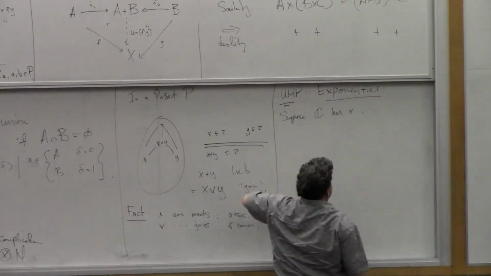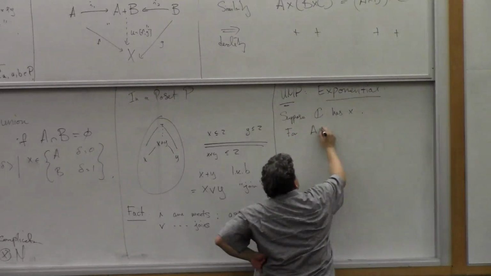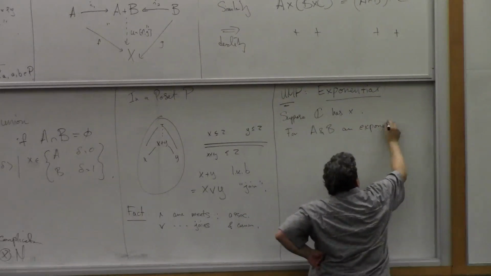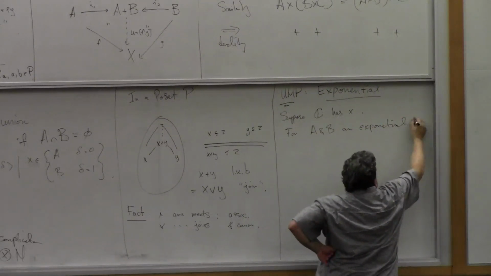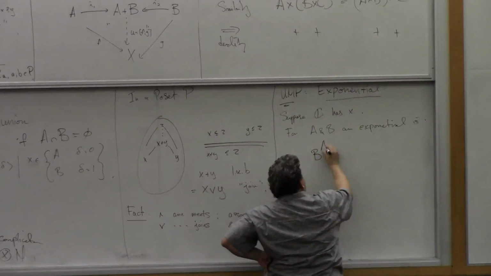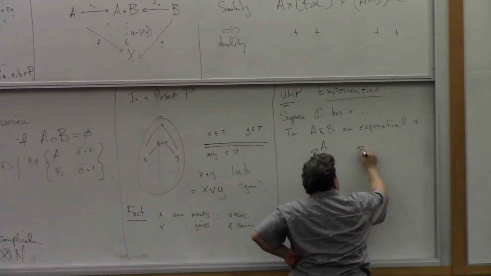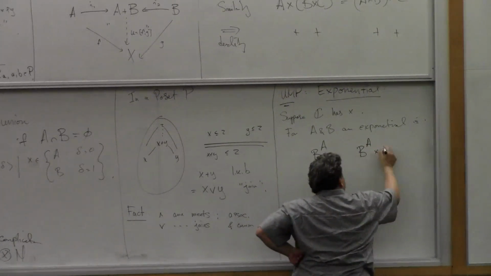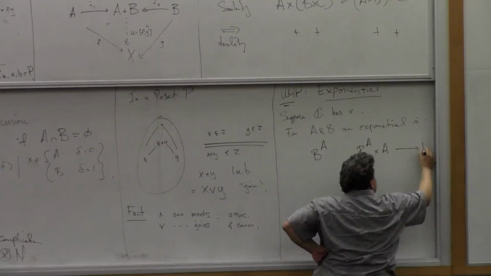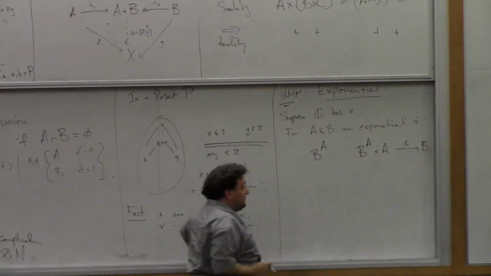Then I'll define the exponential like this. So for A and B, an exponential is a structure of the following shape. First of all, it's an object, which I'll write like that, B to the A, together with a map across A. That's where I use the product. A map down to B, which I'll call epsilon.